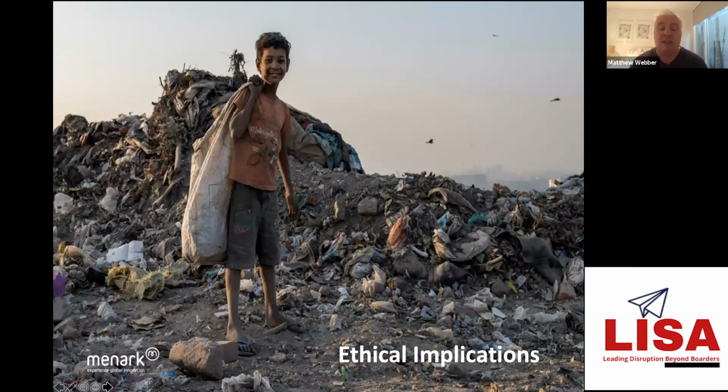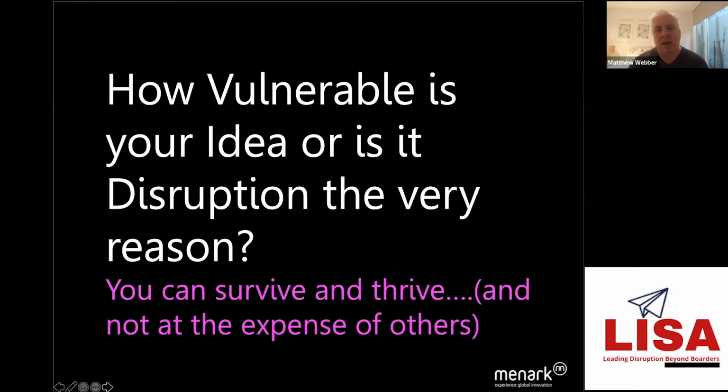And in actual fact, a lot of the ethical challenges that we're faced with today can actually be embedded into your commercial model, and we can commercialize that. So it's also a way for us to be able to solve some of the world's problems in a meaningful way, and do that through business.